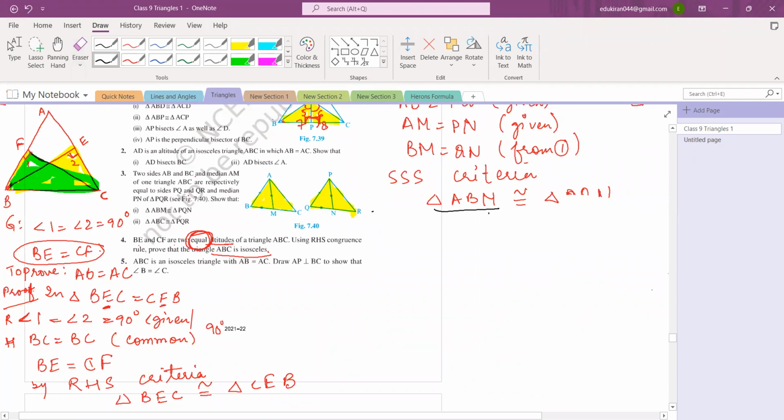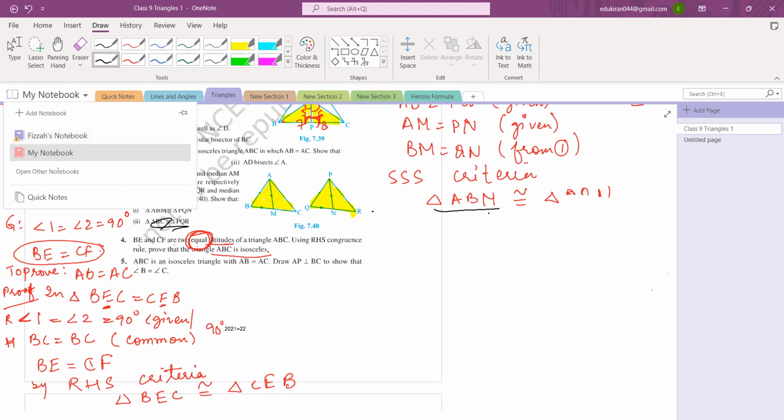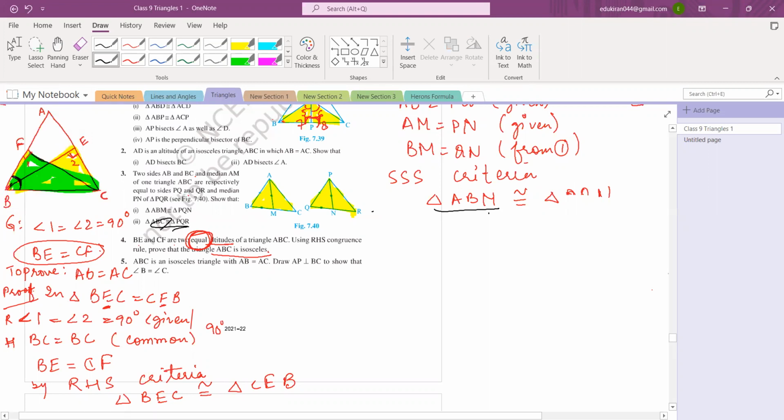Now if these two triangles are congruent, Miraj, Hamna, everybody look here. When these two triangles are congruent, look at this triangle. This angle B is a part of this triangle, right?